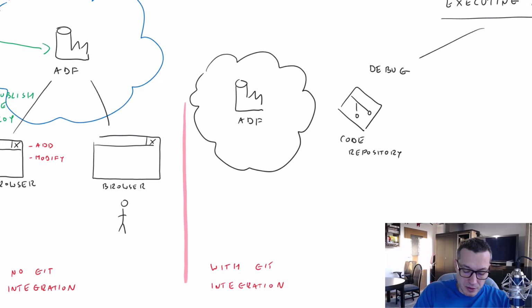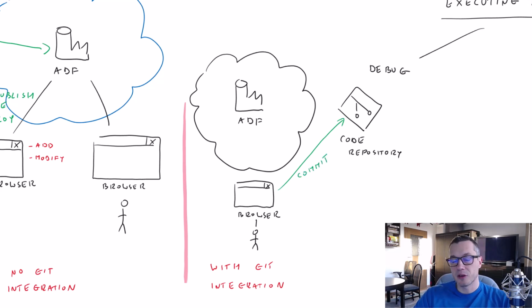And then you would still interact with Data Factory using a browser. So developers would simply connect to it using a browser. And then when they make some change, like they would add a pipeline, what will happen under the hood would be that every change will be stored as a separate commit in a code repository.